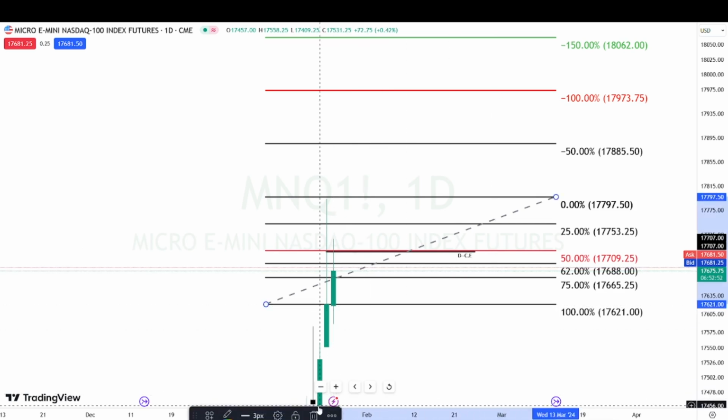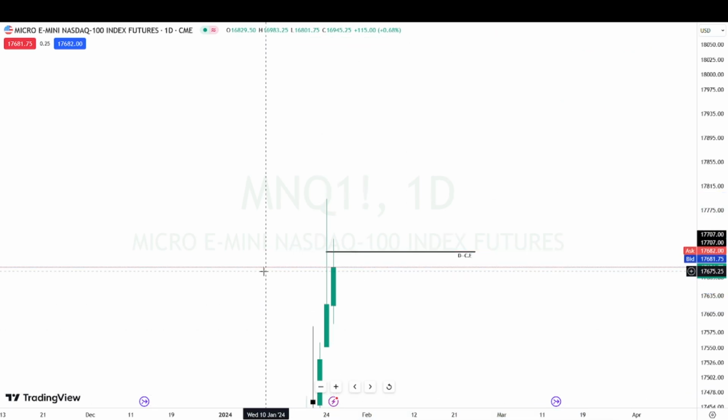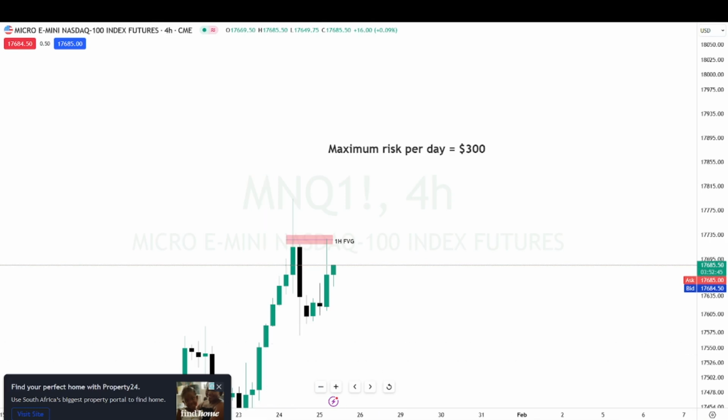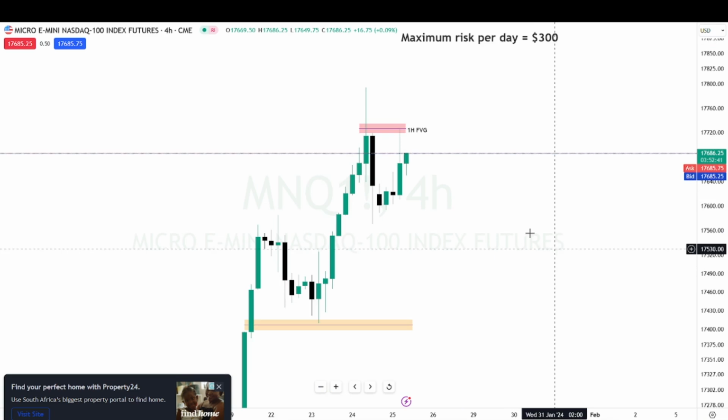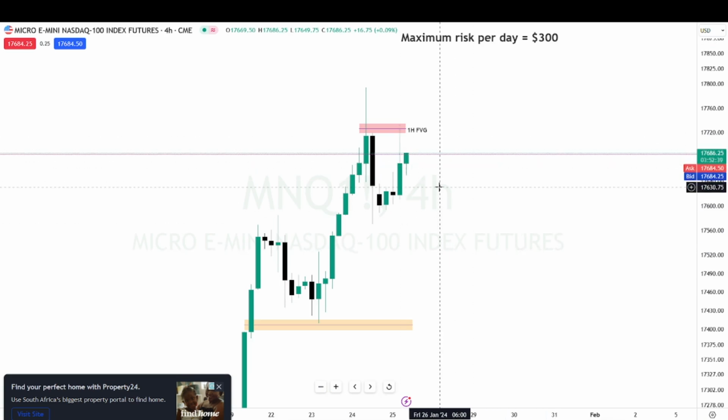We'll call that one a daily consequent encroachment. Then from here, okay, let's go to 4 hour, because there was something right there. What is it that we had on the 4 hour time frame right here?